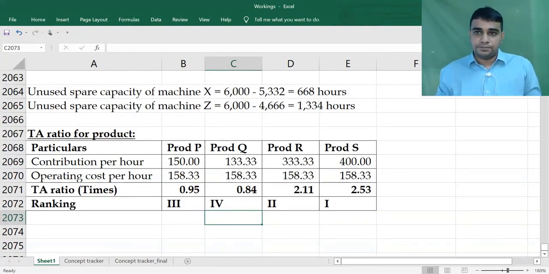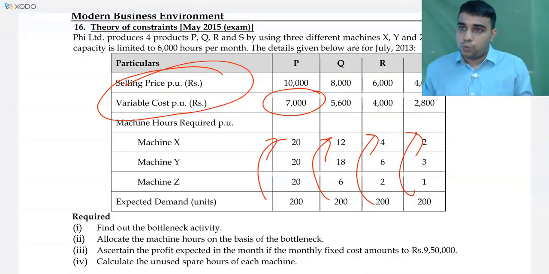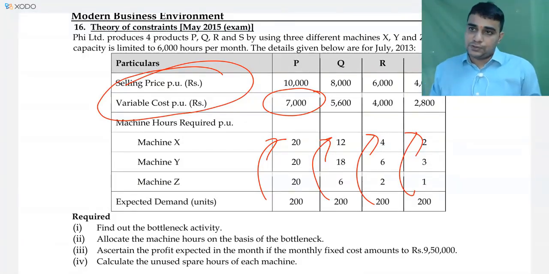Any doubts? Can we divide by 18,000? The point is that the 9,50,000 is incurred for all three resources put together. I am not bothered about resource X and resource Z. For me, the bottleneck is resource Y, so I am dividing it by 6,000 hours.